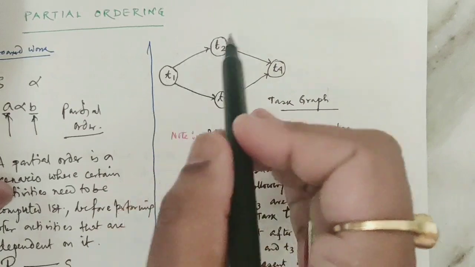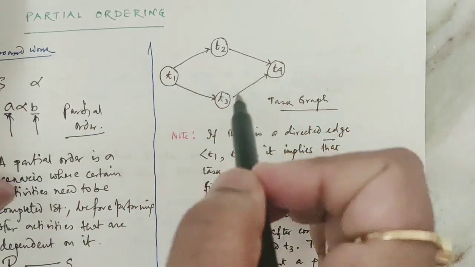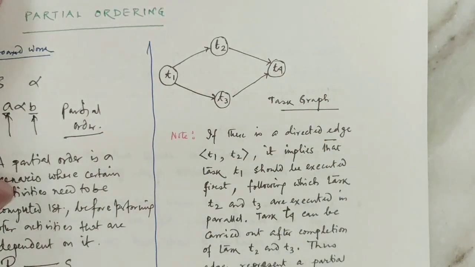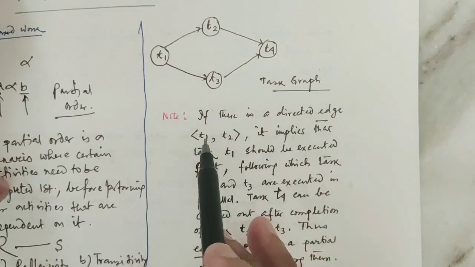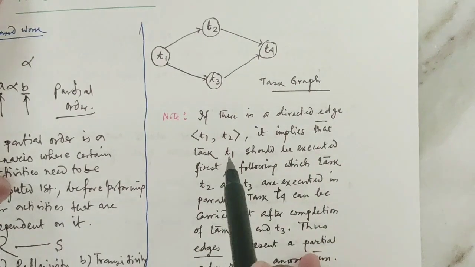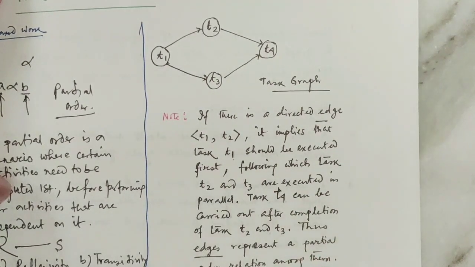And see that there is a direction from T1 to T2, T1 to T3, T2 to T4, T3 to T4 and so forth. Okay, so if there is a directed edge from T1 to T2, it implies that the task T1 should be executed first, because I told you, if there is an edge in a DAG from U to V, then the vertex U appears before the vertex V in the linear ordering list.